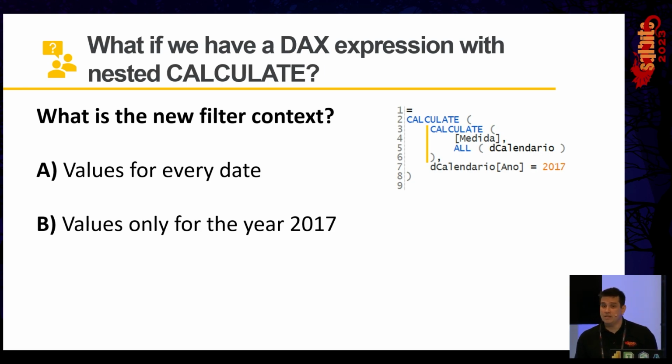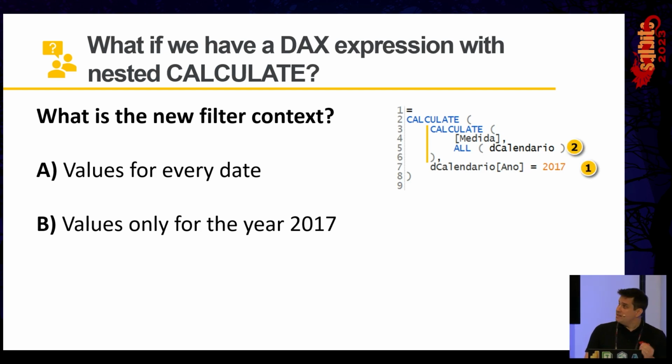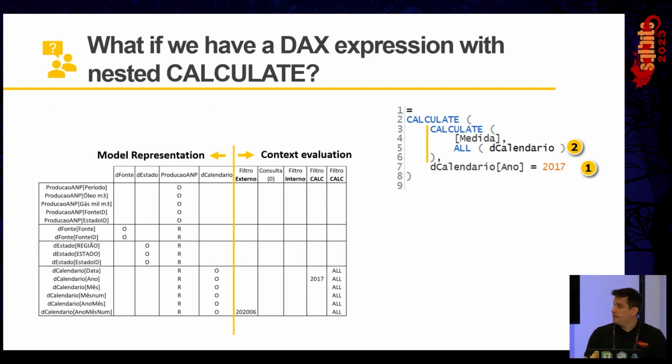Or do you think it's going to be 2017? Most people didn't raise their hands, so it's hard. You need to get used to reading CALCULATE statements, and after some time, it will become clear. The answer here is it first puts the filter over the year, and then it removes the filters, according to the ALL that removes the filters.